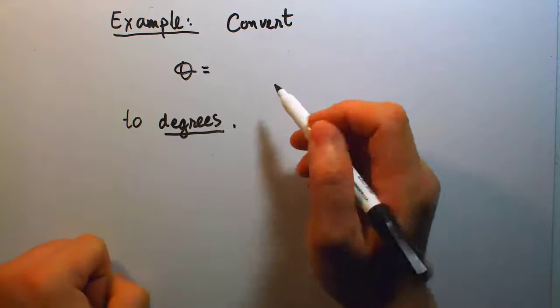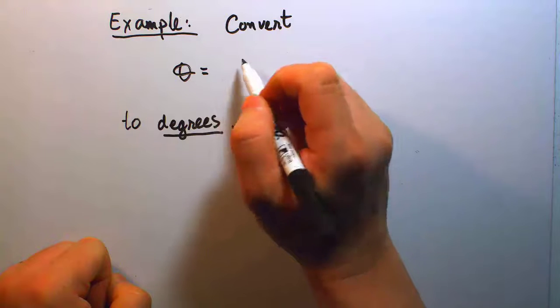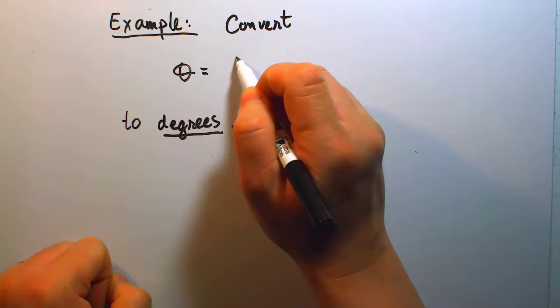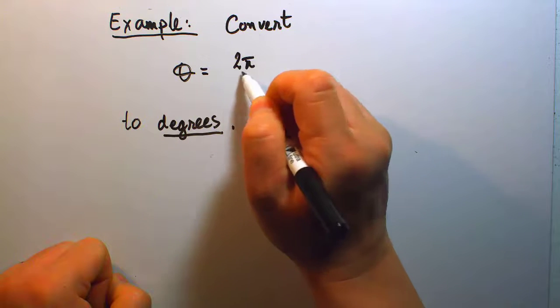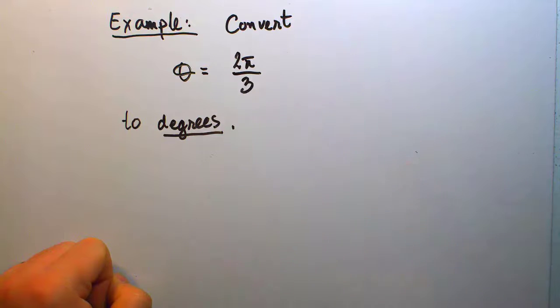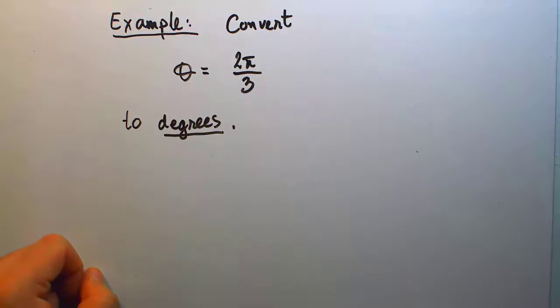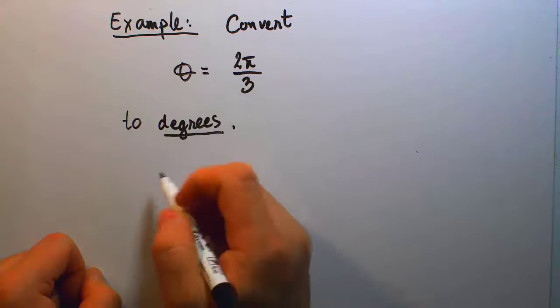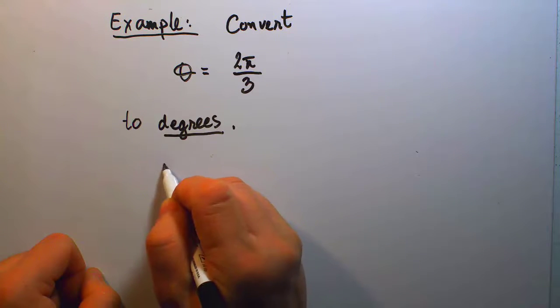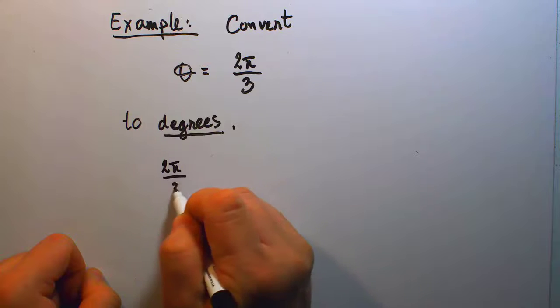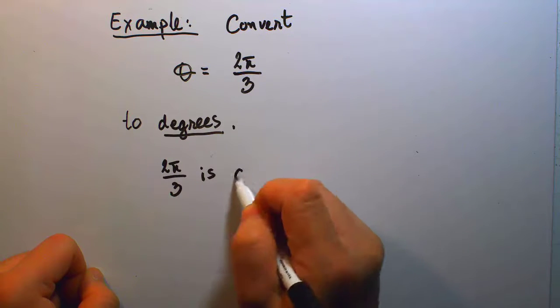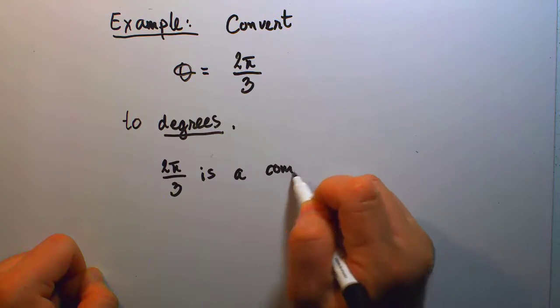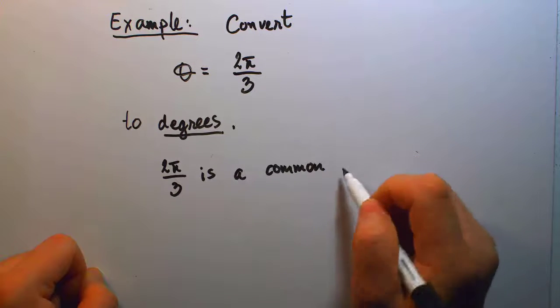And here we can convert from the 2 pi over 3 angle. This is in radians, and we want to convert that to degrees. So notice again that 2 pi over 3 is a common angle.